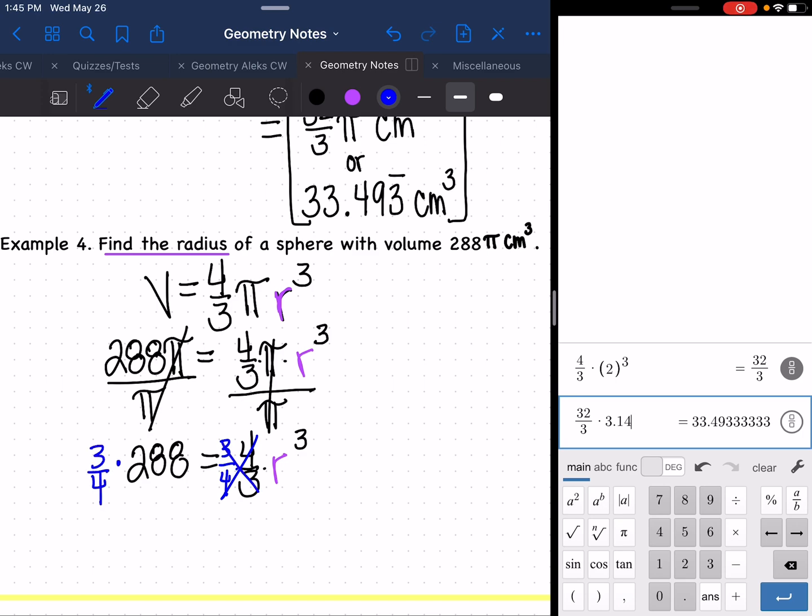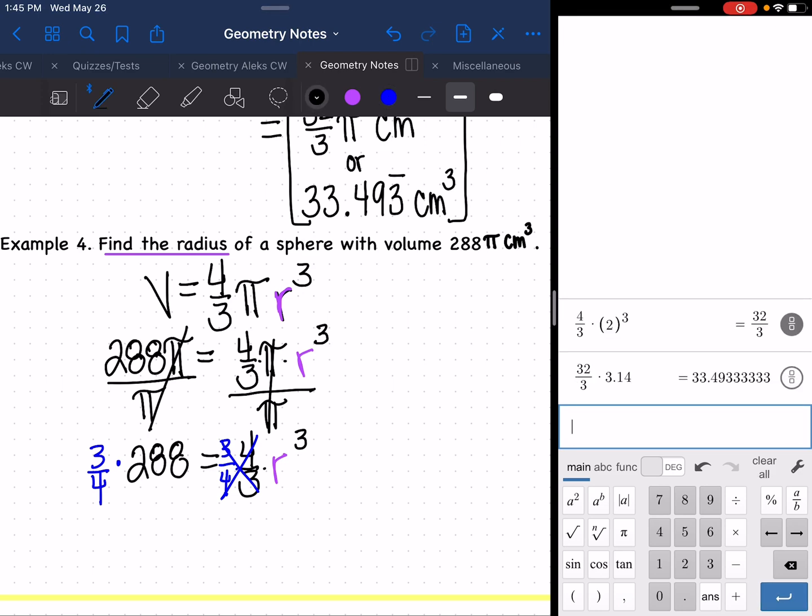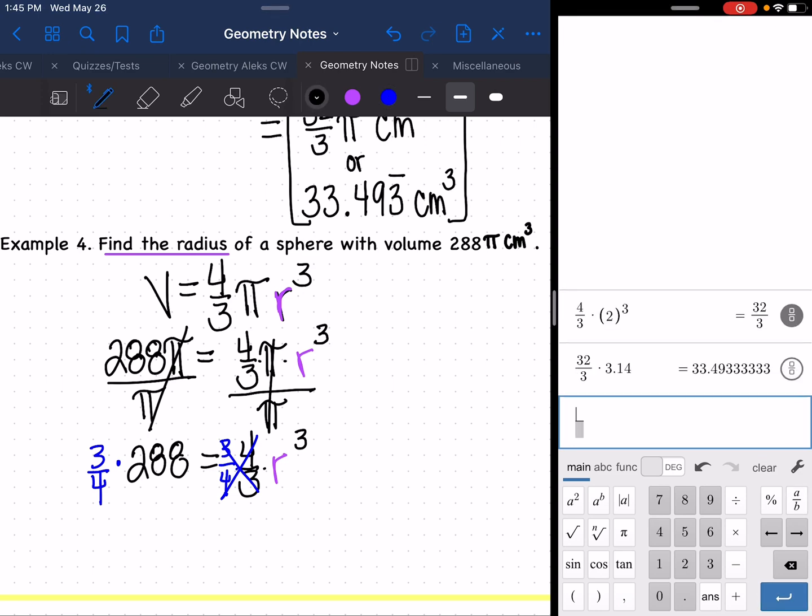So what I'm going to do in my calculator is the fraction 3/4, and I'm going to multiply that by 288. I get 216 is equal to the radius cubed. To find the radius, I am going to take the root, but this time the cube root. So I've got to make sure that my root has a little 3 in it.